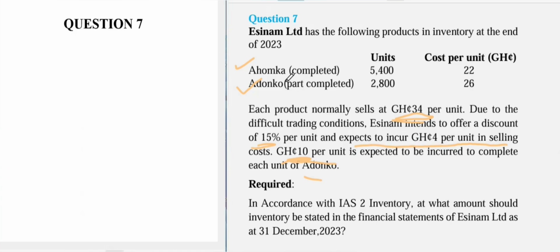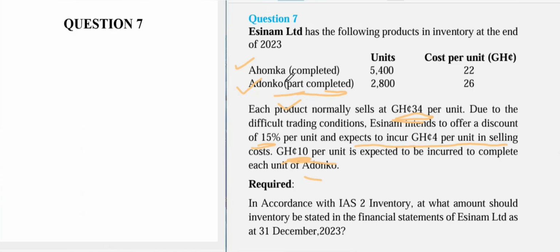So in this case, you have cost to sell 4 cedis per unit and then cost to complete 10 cedis per unit. And we said cost to complete applies only to work in progress. We are going to use the 10 cedis only when we are valuing Adonko, because cost to complete applies to only work in progress.